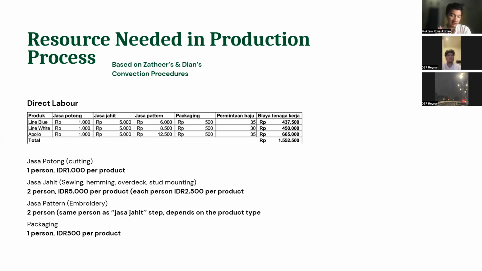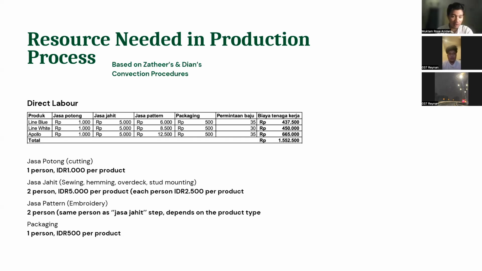After that, there's a patterning service, which is embroidery. The workers involved are the same as in the sewing process, but with another salary level, and there are differences in salary for each type of product, as we explained in the pattern service.